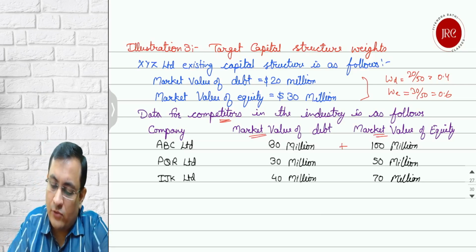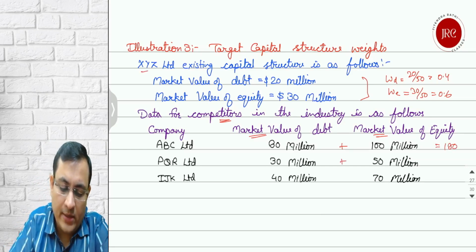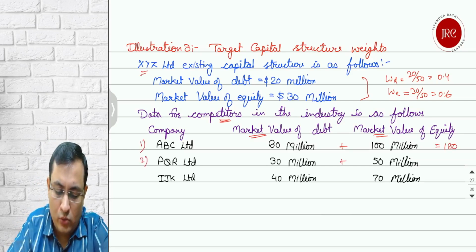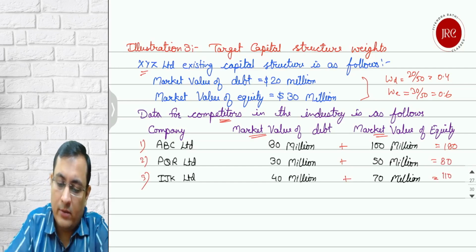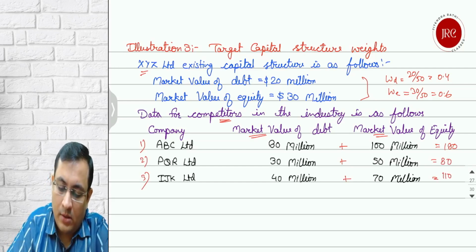So the total value is 180 for ABC. The second is XYZ. These are competitors number 1, 2 and 3. The total value is 80. The total value is 110. So let's calculate the weight of debt.